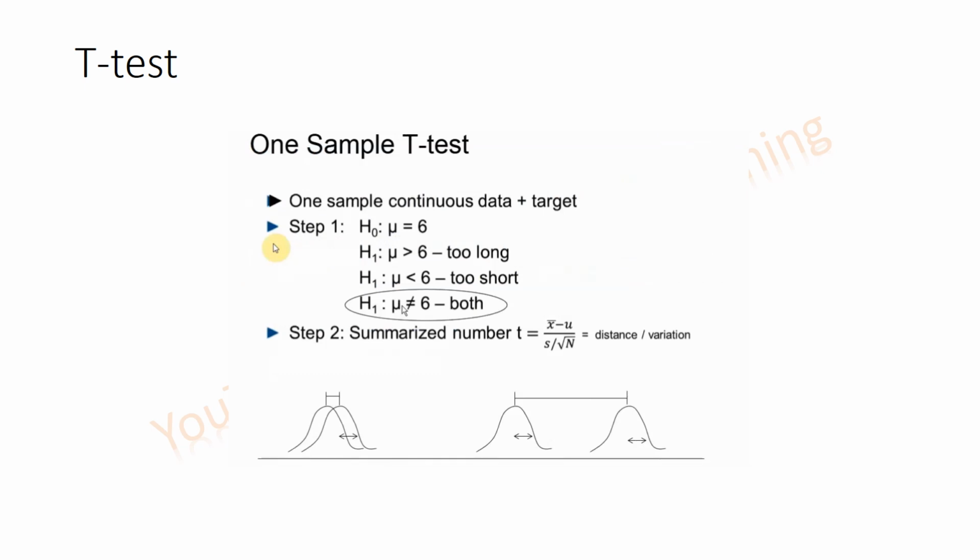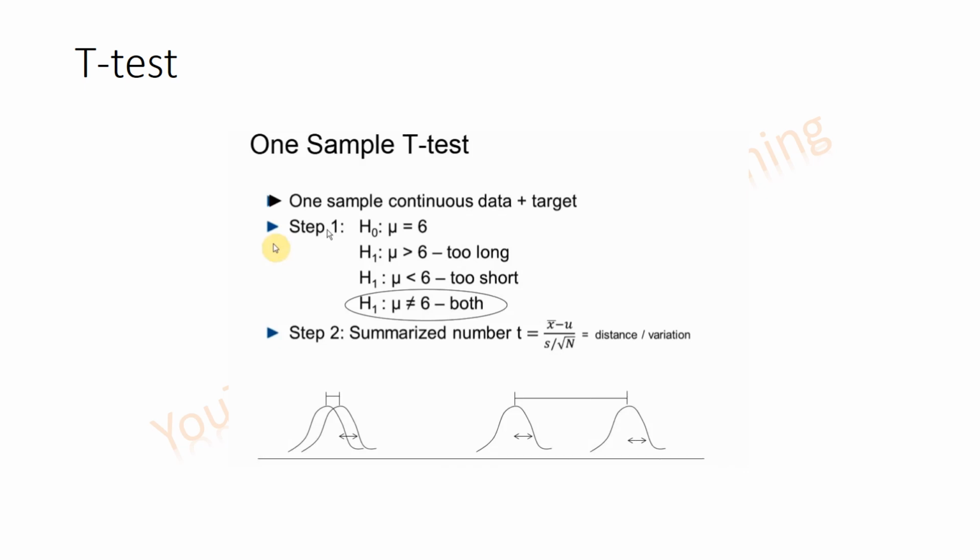All right, so we talk about 4 steps, right? So again, we have 4 steps for the one sample t-test. We have one sample of continuous data, and also we have a target. The target is 6 hours. So step 1, we're going to have 2 statements, H0 and H1. H0, everything's okay.